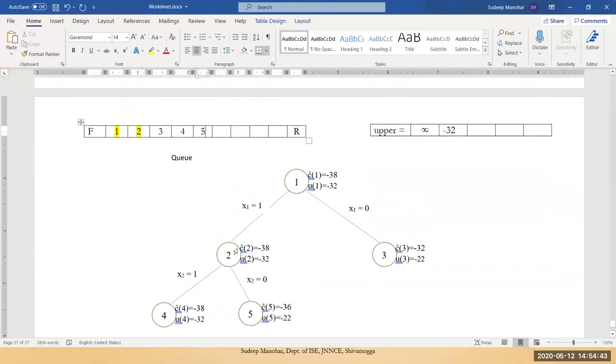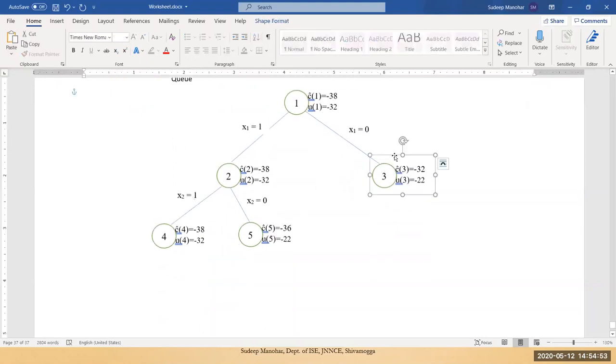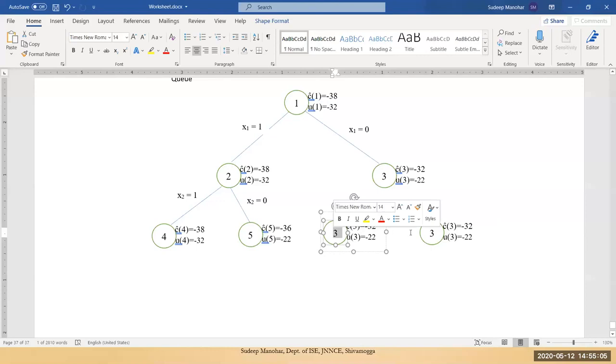Next, which node is the next E node? It is the one which is at the front of the queue. 3 is at the front of the queue. Mark this 3 and make this 3 as the E node. So now this 3 becomes the E node. Node number 6, node number 7.